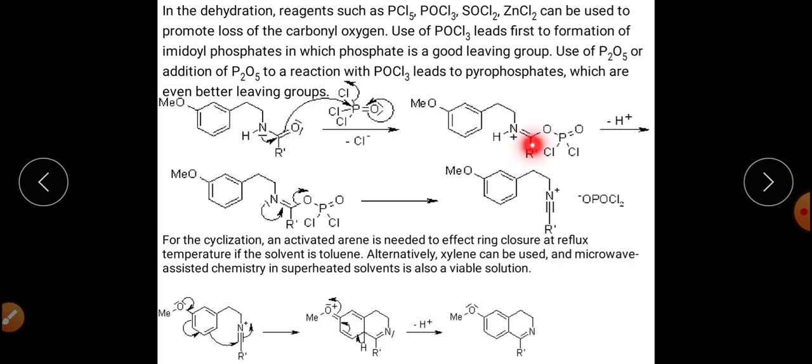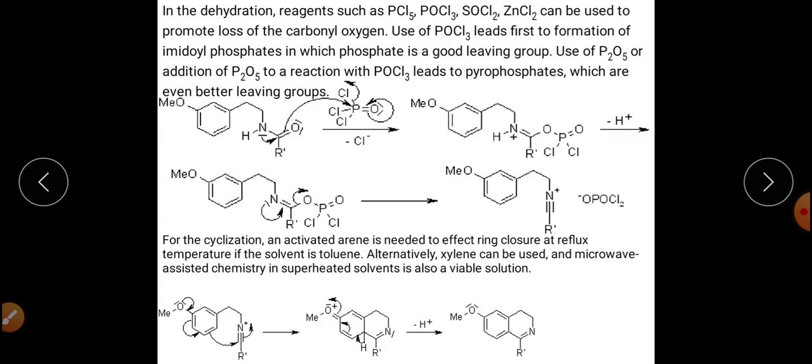After this, H positive will be abstracted, and after removal of this H positive from here, this particular group will be eliminated from this one, forming N triple bond C, and N will carry the positive charge.